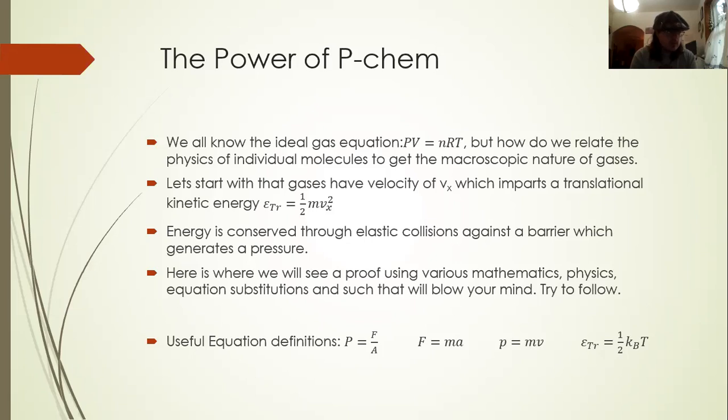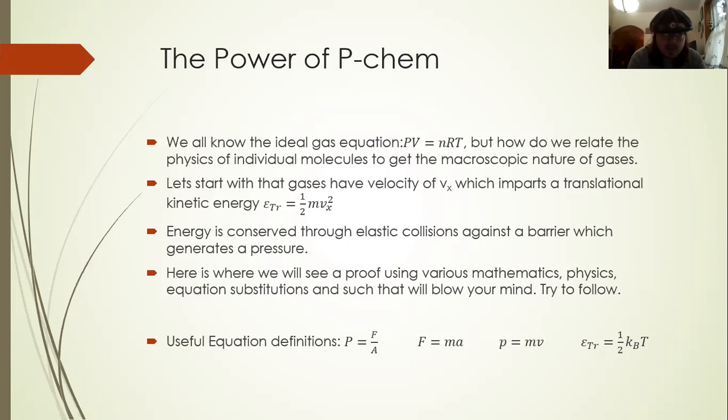The first thing we're going to talk about is remember that we have a bottle of gas. We can describe that gas with a pressure, a volume, and a temperature. And gas molecules will have a velocity such that the velocity squared is equal to the sum of the velocity terms in the x, y, and z dimensions, because gases are traveling in x, y, and z.